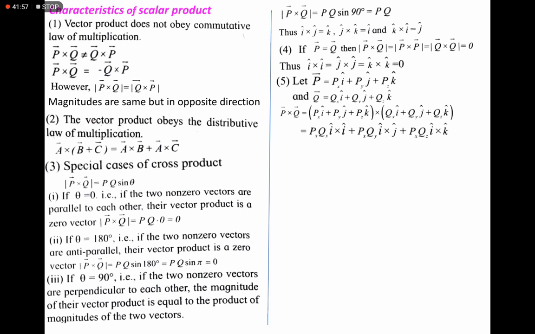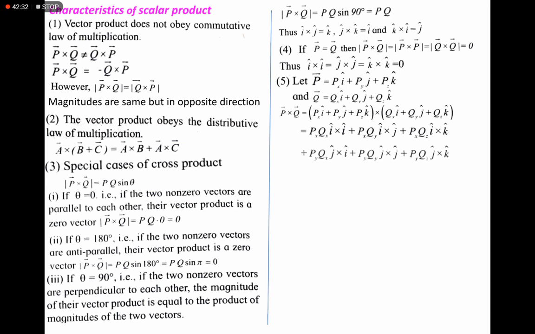Now the product of the first term from the first bracket with the second bracket is px qx I bar cross I bar, px qy I bar cross j bar, and px qz I bar cross k bar. Then the second term, py j bar, multiplies the second bracket.